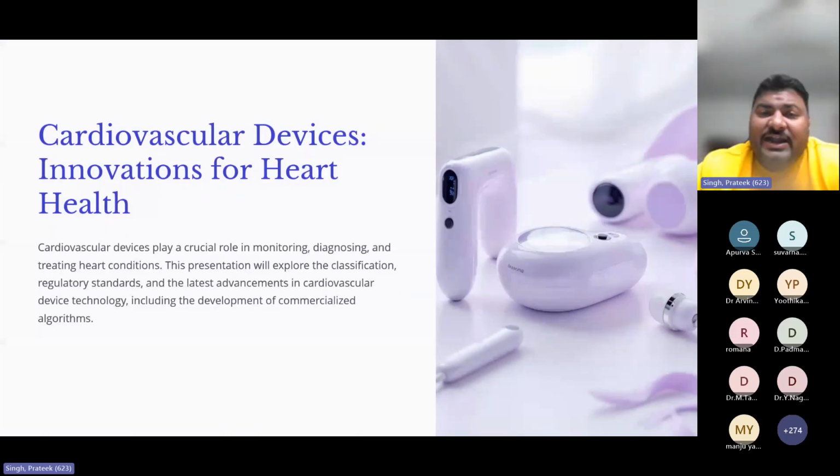Cardiovascular devices play a crucial role in monitoring, diagnosing, and treating heart conditions. There are different classifications of regulatory standards and the latest advancements in cardiovascular device technology, including the development of commercialized algorithms. Let me give you an example.